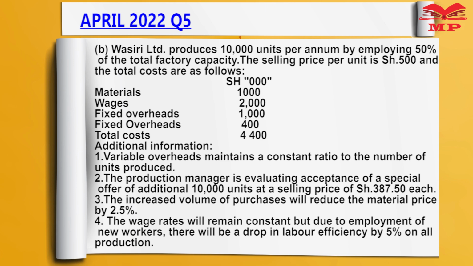Note number 2, the production manager is evaluating acceptance of a special offer of additional 10,000 units at a selling price of 385.5 each. Note number 3, the increased volume of purchases will reduce the material price by 2.5%. Note number 4, the wage rates will remain constant, but due to employment of new workers, there will be a drop in labor efficiency by 5% on all production.